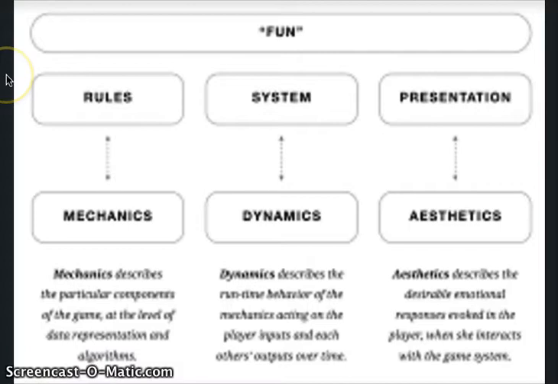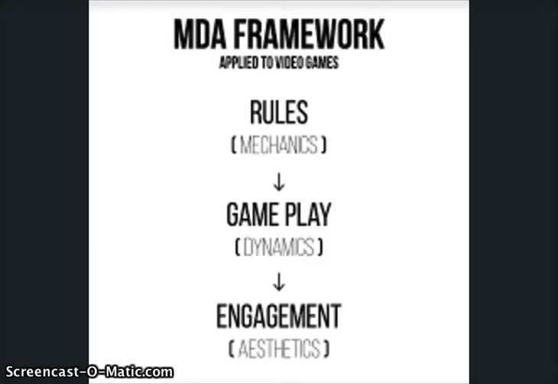Mechanics describe the particular components of the game. Dynamics describe the runtime behavior of the players. Aesthetics describe the emotional response evoked in the player. So these are the three elements that you need to have in the classroom when you design the teaching methods.